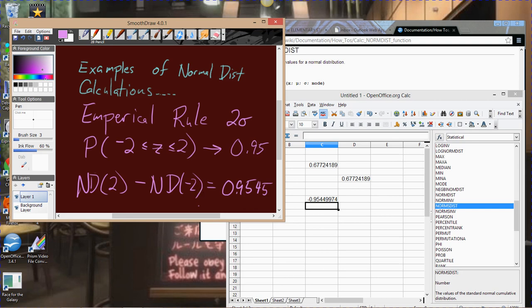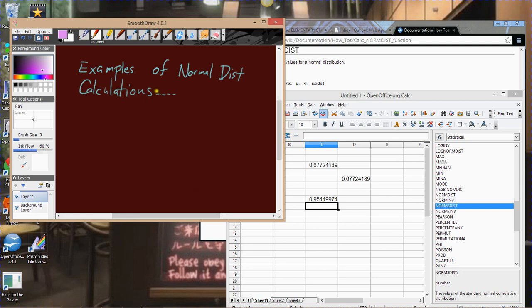Cool. All right, well, let's do one where you don't have the standard, just for variety. So let's say our mean is 10 and our standard deviation is 2.5. Let's find the probability that, let's go with x greater than 11.